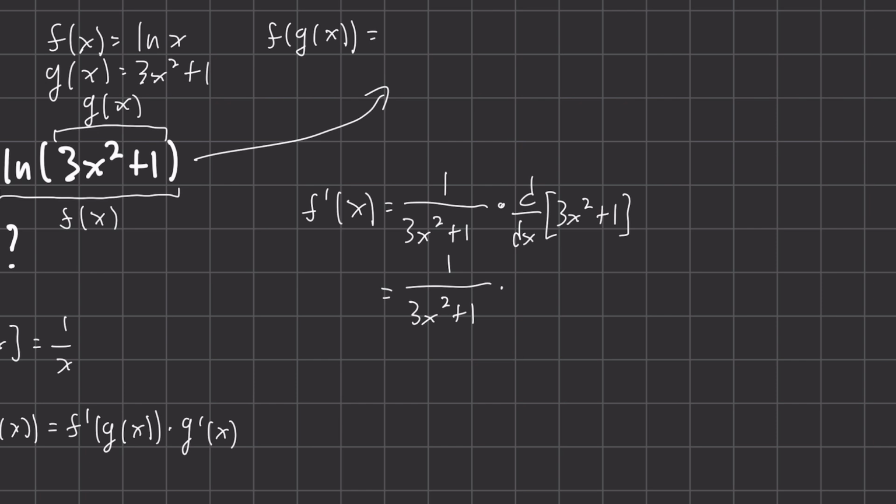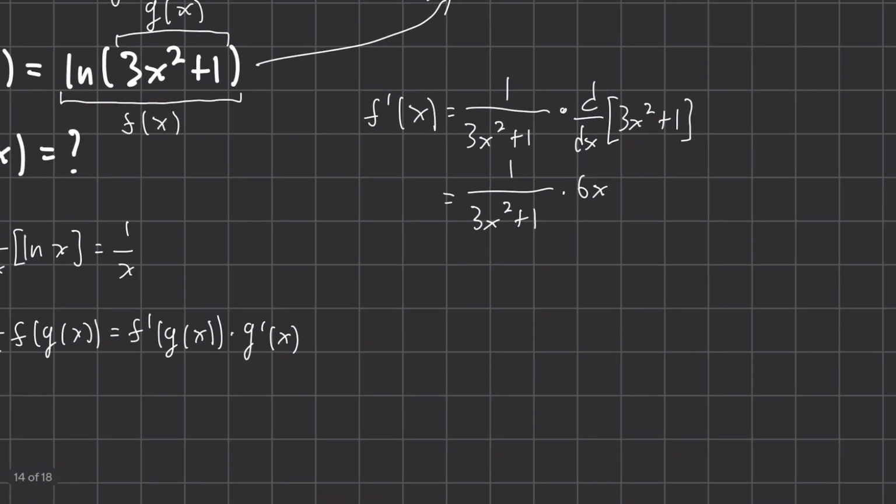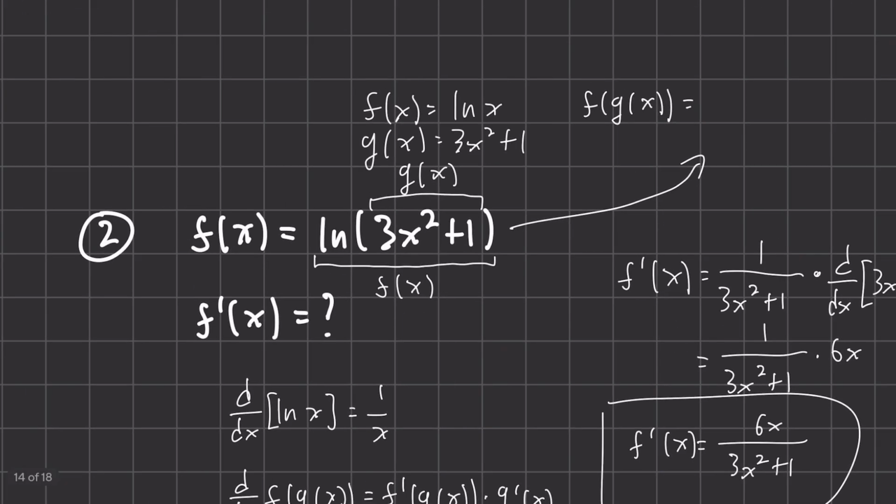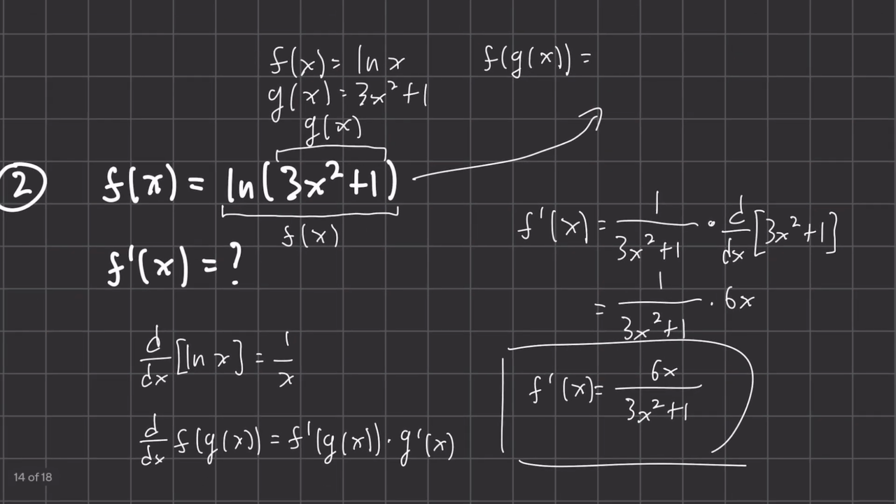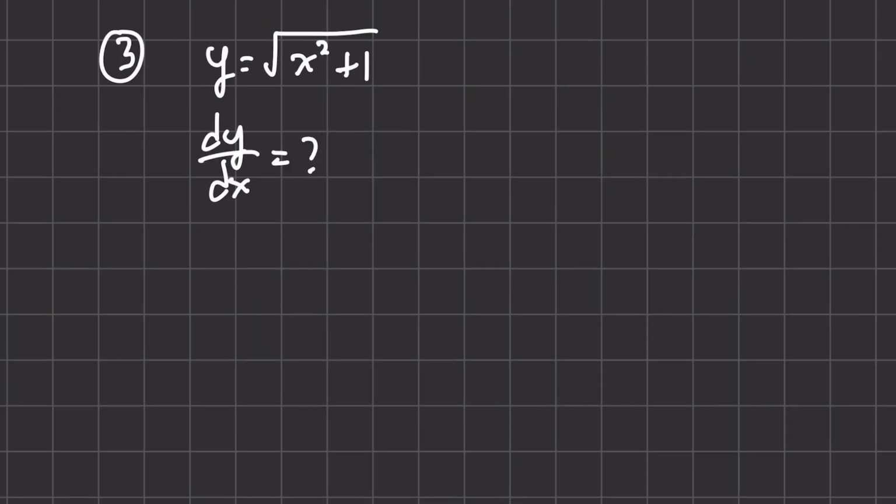So the derivative of 1 is just 0 because it's a constant. And for 3x squared, we just apply the power rule. So it becomes 2 times 3x, or just simply 6x. And just bringing that up, it becomes 6x over 3x squared plus 1. And that is f prime of x, and this, there we go, will be your full solution.